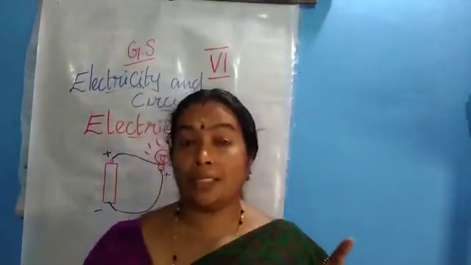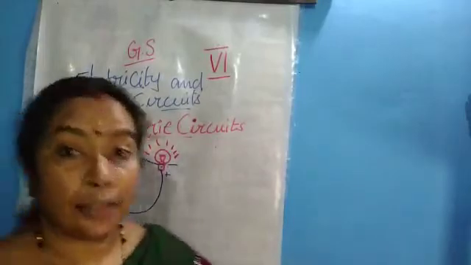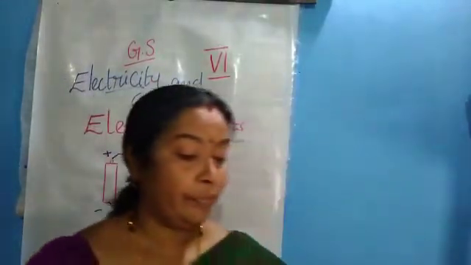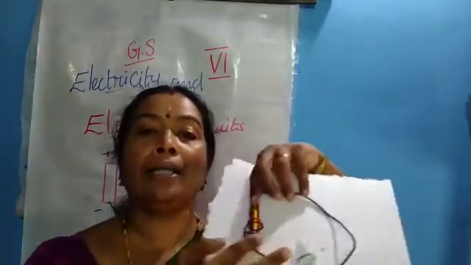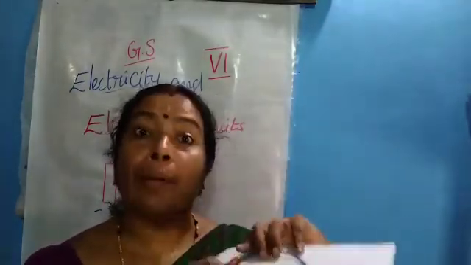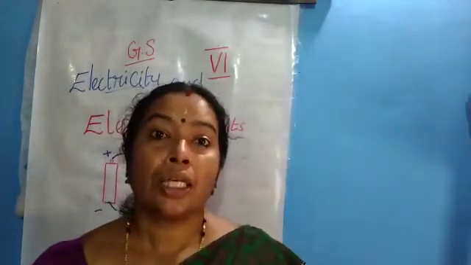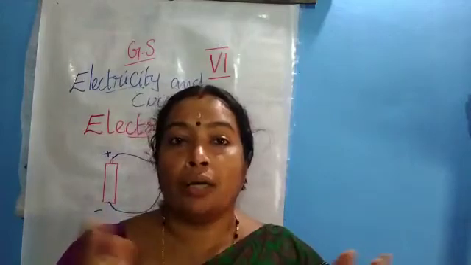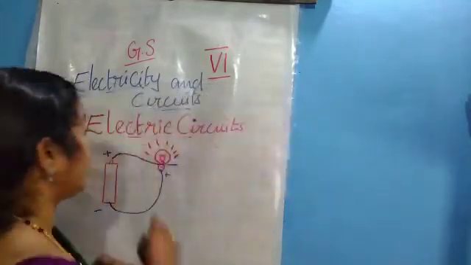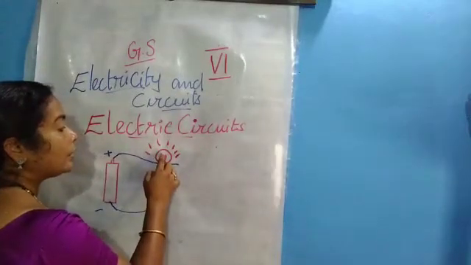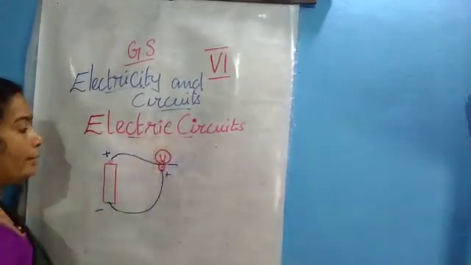But not only this, sometimes the circuit may be complete and still the bulb is not glowing, because the filament of the bulb sometimes breaks into 2 pieces. At that time also the circuit is not complete. Why am I saying this?